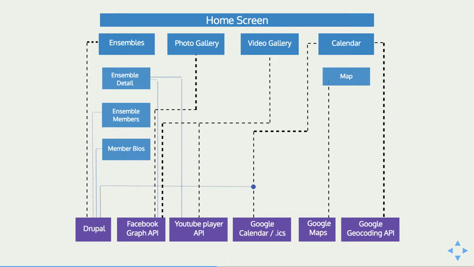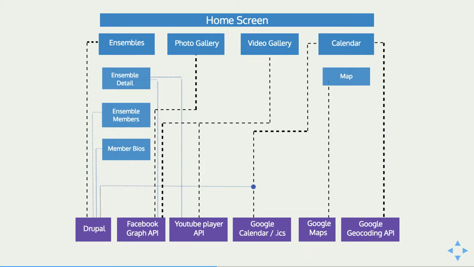This is a crazy map I tried to draw. If you start at the top of the page, these are some of the different screens available in the Air Force's version of this kiosk. And the dotted lines are just connecting the information displayed in that particular view to different back-end data sources.